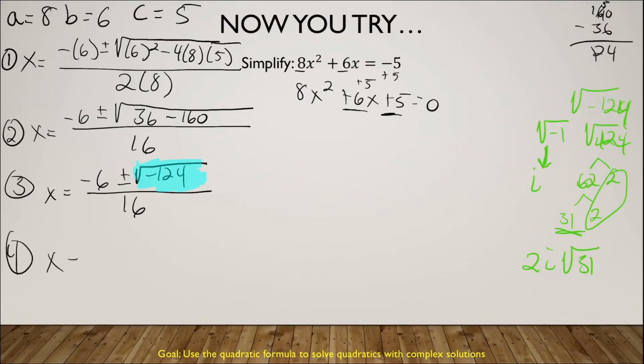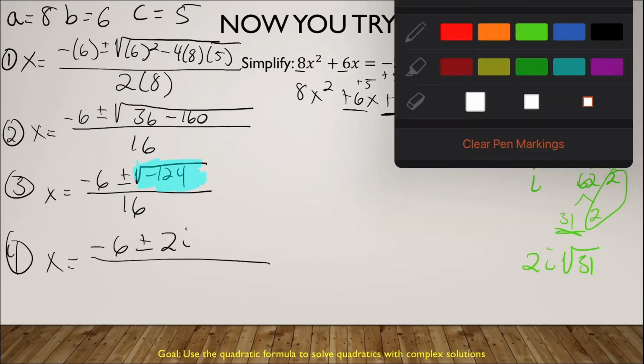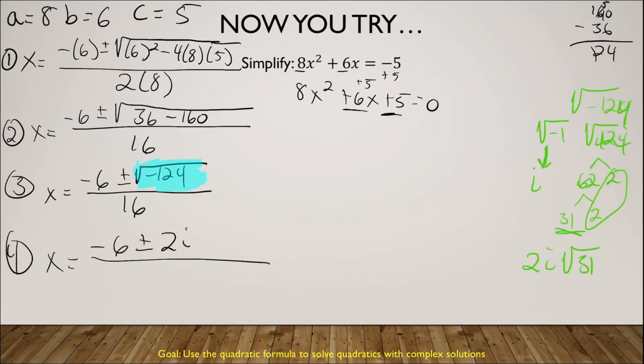So my answer is going to be negative 6 plus or minus 2i square root of 31, all over 16.